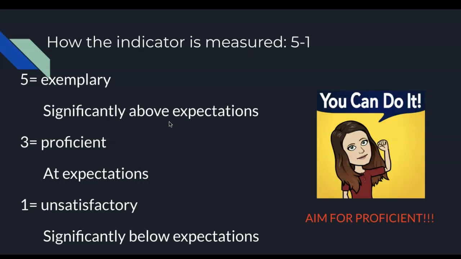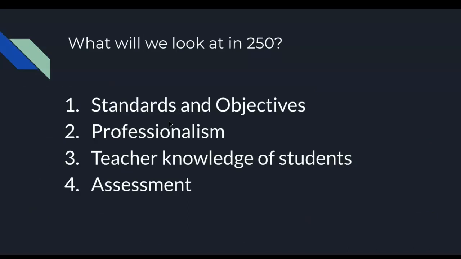By introducing this rubric through all of your classes, we're hoping that by the time you get to residency, you know all of these little tips and tricks that will score you as proficient on the NIET rubric. And again, 1 will be unsatisfactory. There's 4 and 2 in between, and we'll talk about each one as we go through each indicator.